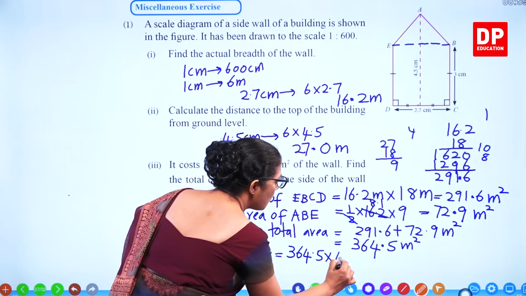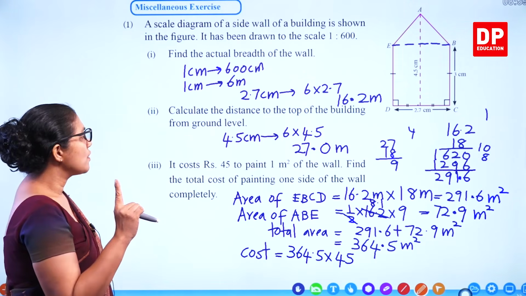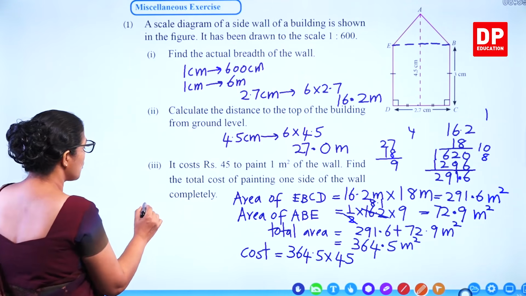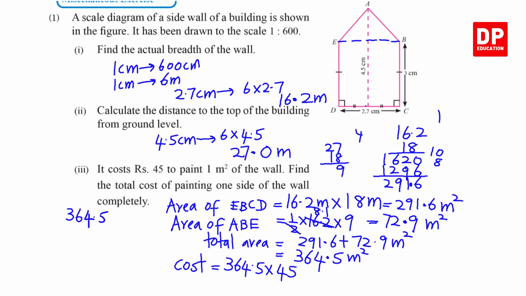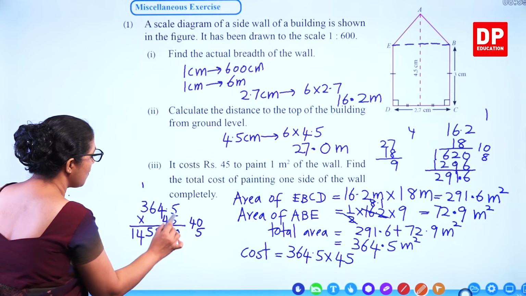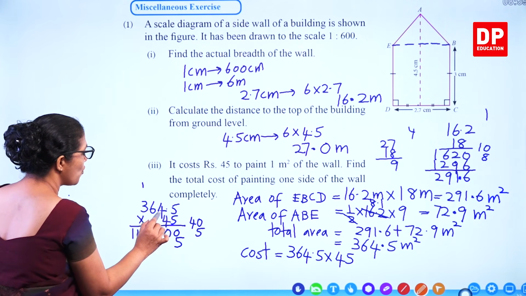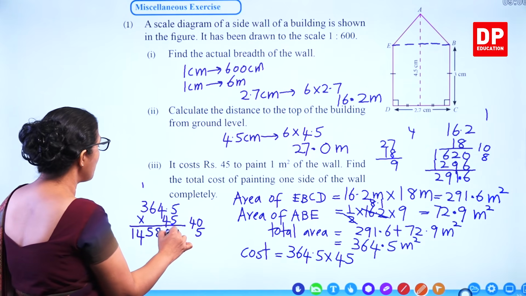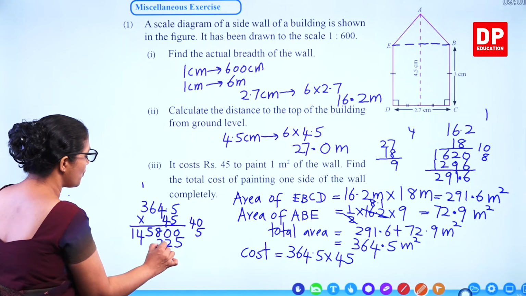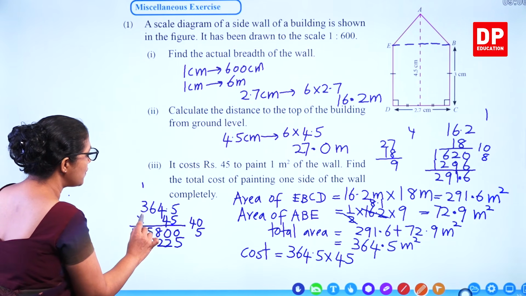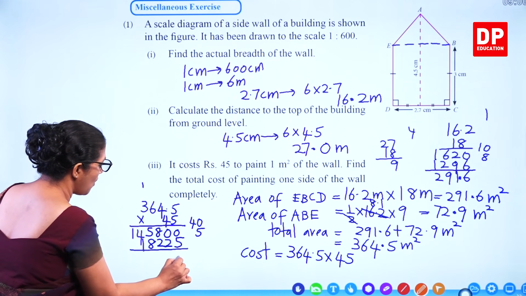So 364.5 multiplied by 45. 40 and 5. 4 times 5, 20. 2 remaining. 4 times 4, 16 plus 2, 18. 1 remaining. 4 times 6, 24 plus 1, 25. 2 remaining. 4 times 3, 12 plus 2, 14. 5 times 5, 25. 2 remaining. 5 times 4, 20. 20 plus 2, 22. 2 remaining. 5 times 6, 30. 30 plus 2, 32. 3 remaining. 5 times 3, 15 plus 3, 18. Now add it.